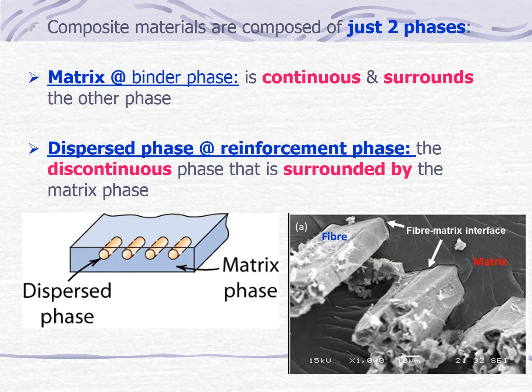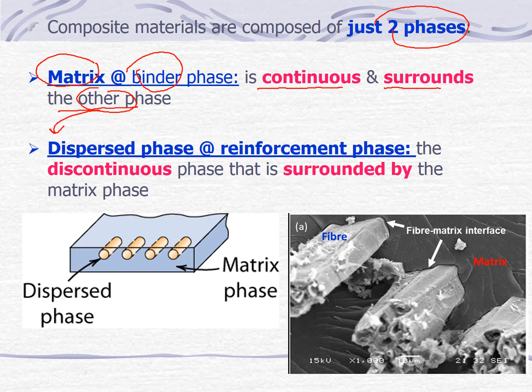Composite is composed of two phases. One is the matrix phase, which we can call a binder. This phase is continuous and surrounds the other phase. The other phase is the dispersed phase, which is the reinforcement phase.